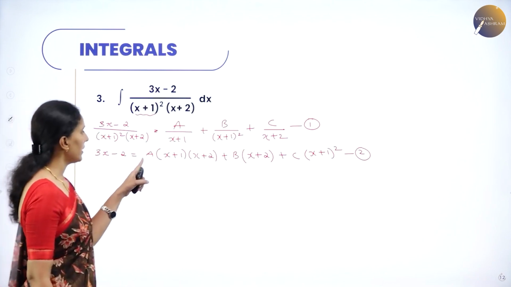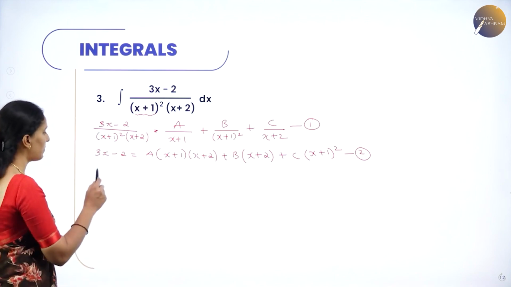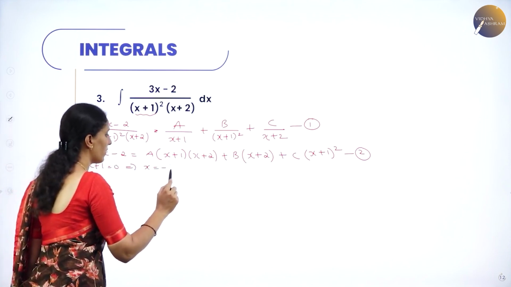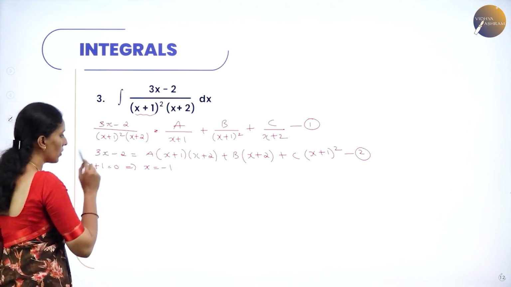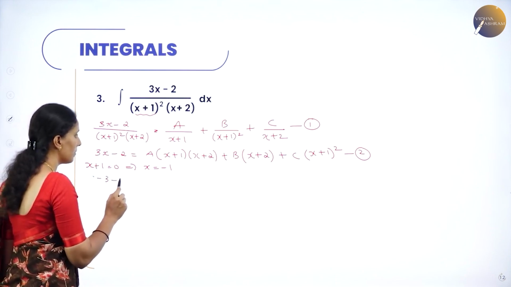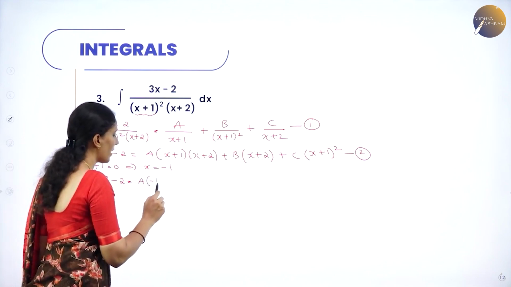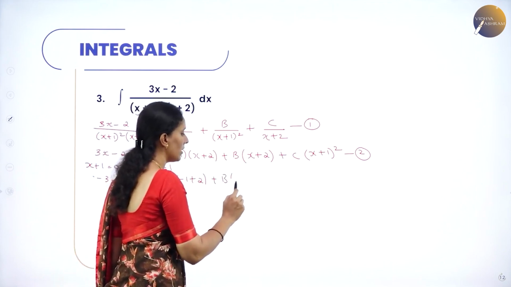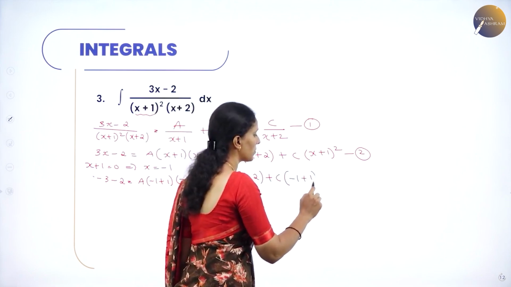Now here we have two linear factors, one is x plus 1, another x plus 2. So put x plus 1 equal to 0, we get x equal to minus 1. So put x equal to minus 1 in equation 2. Then it becomes minus 3 minus 2 equals a into (minus 1 plus 1)(minus 1 plus 2) plus b into (minus 1 plus 2) plus c into (minus 1 plus 1) whole square.